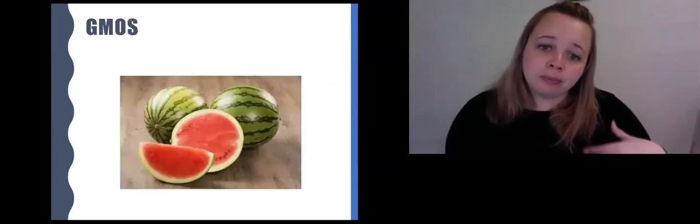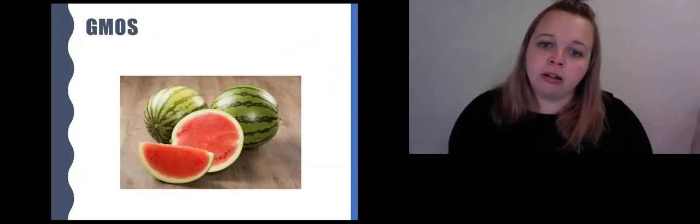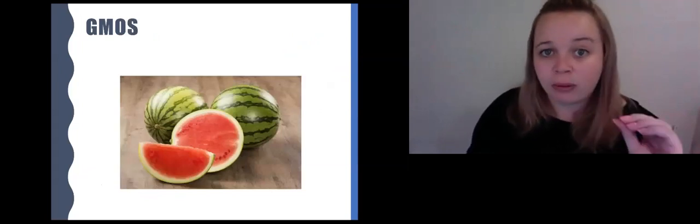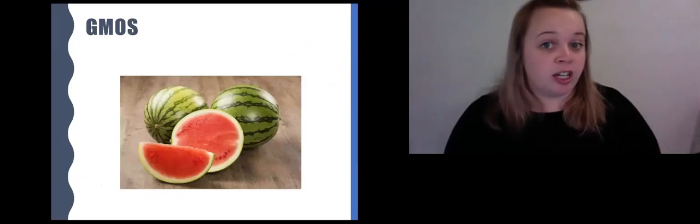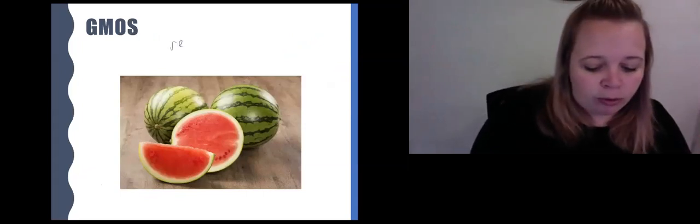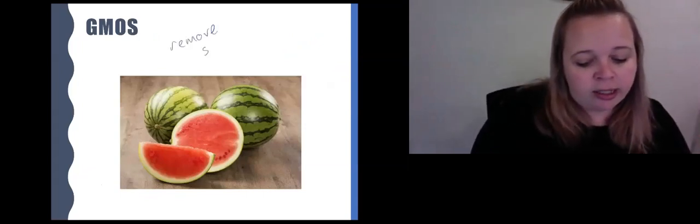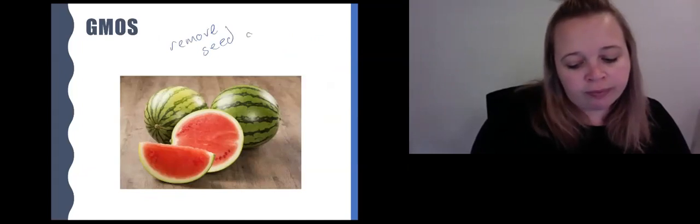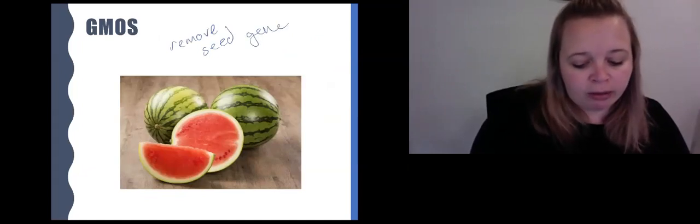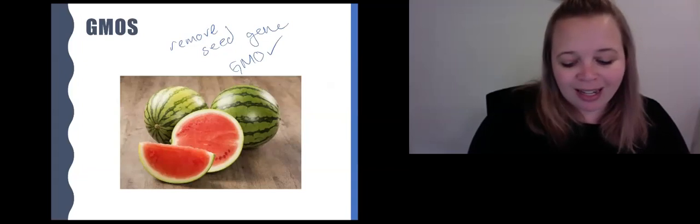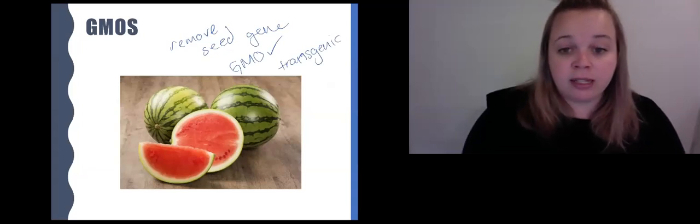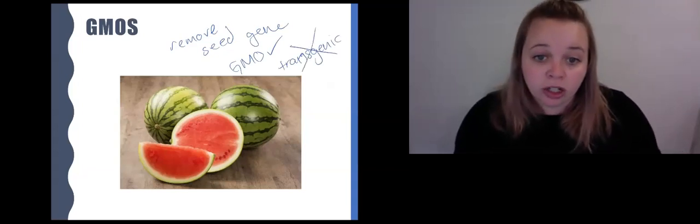So for example, what you might do with a GMO that's not transgenic, or an example of that might be removing a gene. So say we remove the seed gene. This makes it a GMO, but it doesn't make it transgenic because we haven't put in a gene from another species. So it's not transgenic, but it is a GMO.